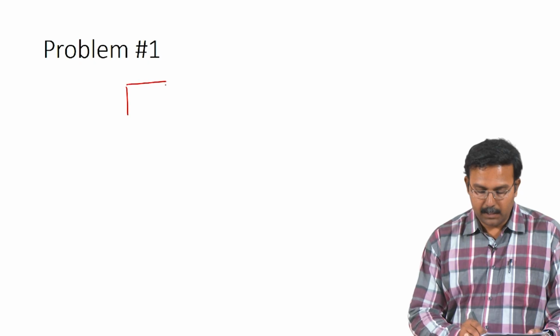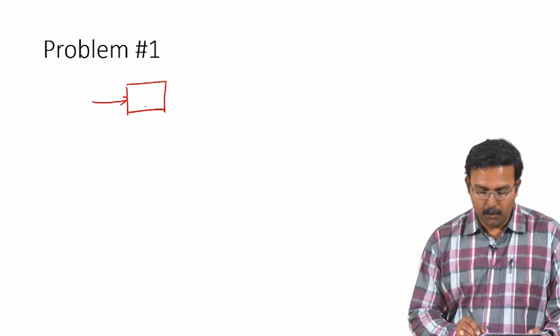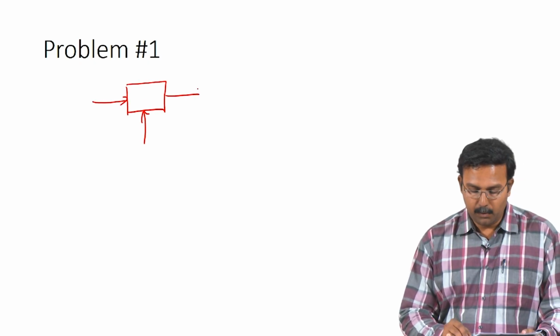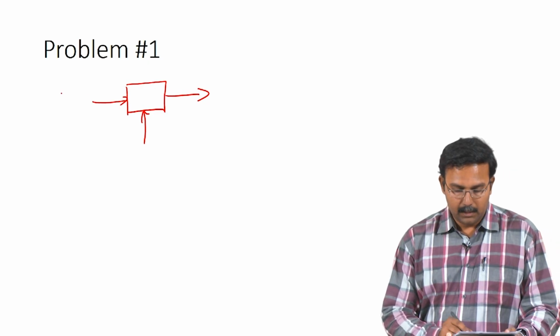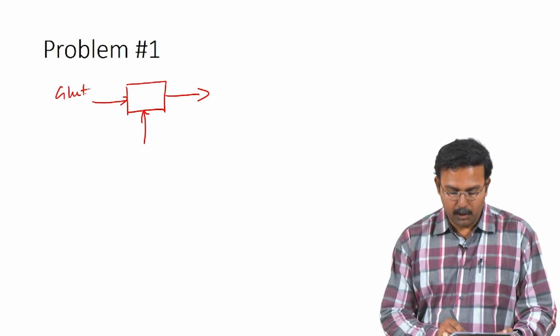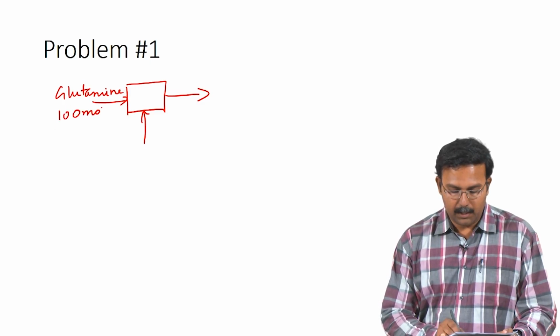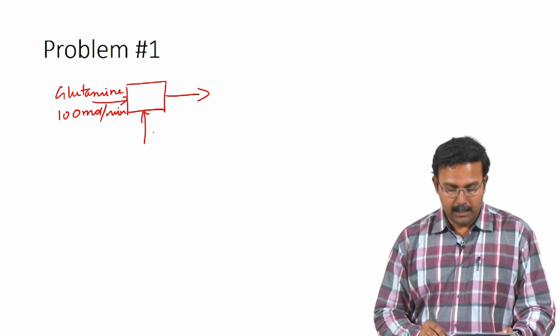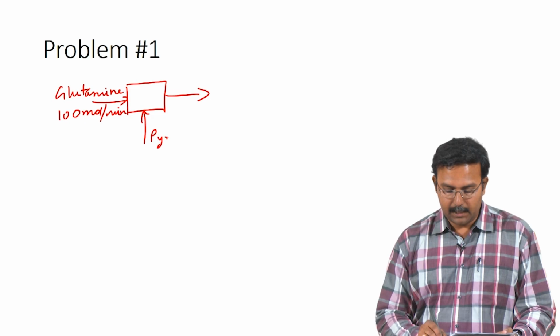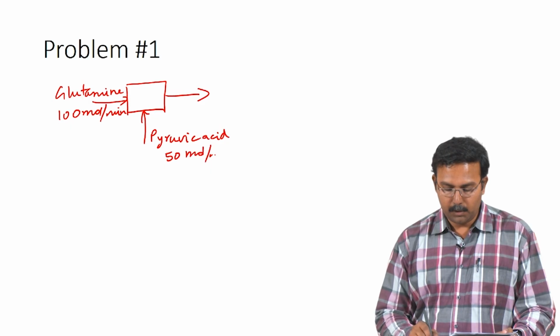Based on the information we can draw this simple flow chart where we have two inlets and one outlet. The first inlet would be for glutamine, with a flow rate of 100 moles per minute, and the other inlet is pyruvic acid, which flows at 50 moles per minute.